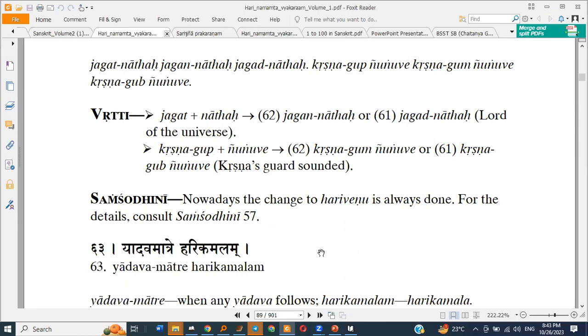Because this is an optional rule, if someone is running a publication where they are inserting shlokas, they have both the options, but it is recommended that they stick to a particular option throughout their publications.